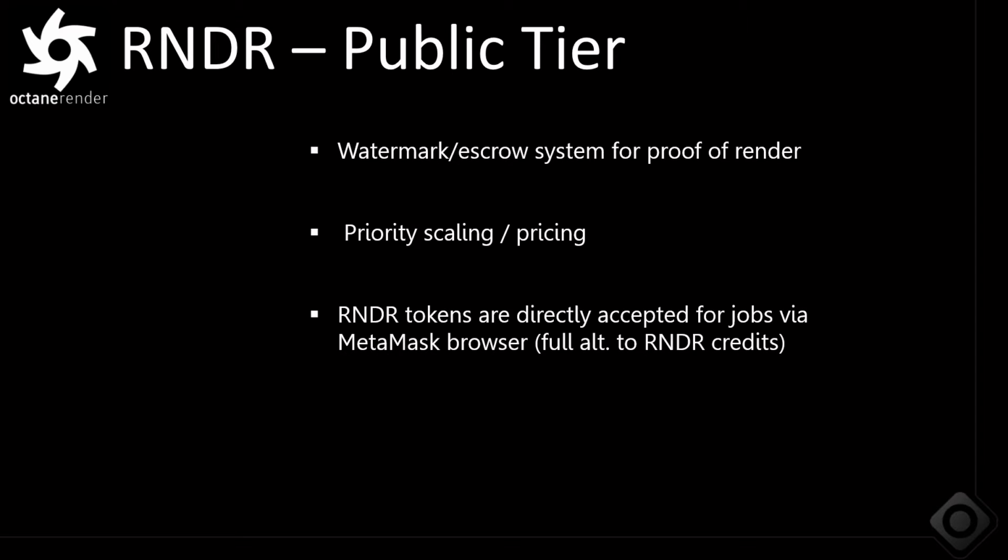But on the public tier, you do have a couple of things that are different from both ORBX and the enterprise tier. For one, because anybody can add their node to the network, we have no idea necessarily who that is. There is a watermark that's generated on those renders, and there's an escrow system for tokens to be exchanged. We also have the ability to do essentially what we wanted to do on ORBX on the public cloud for years, which is to be able to leverage things like spot instance pricing and other things, but there's never enough capacity.